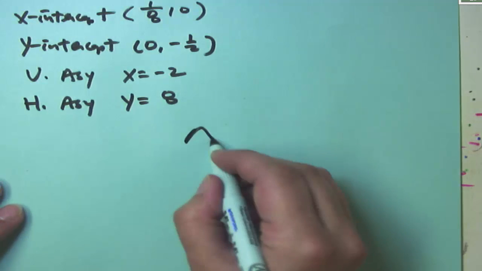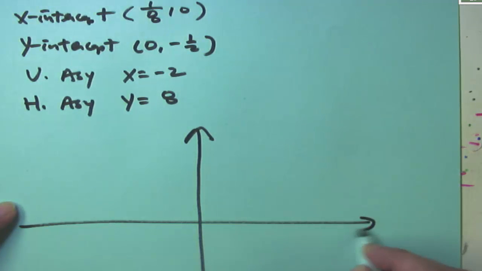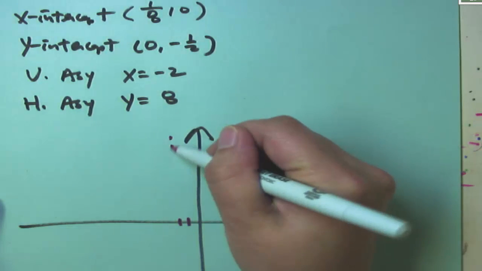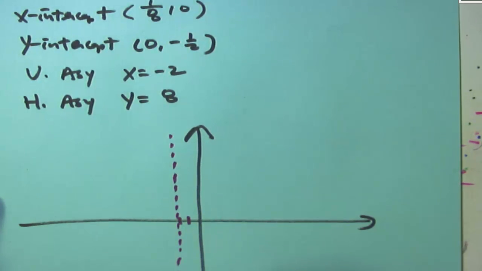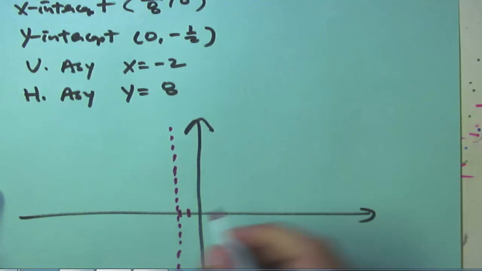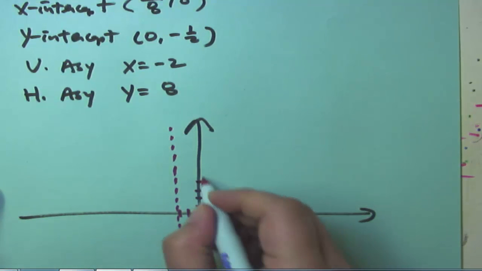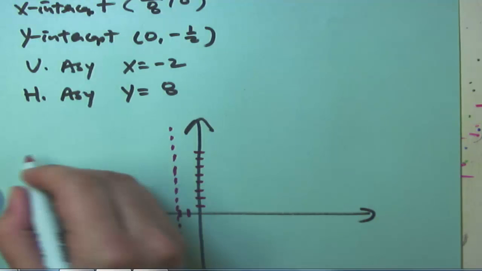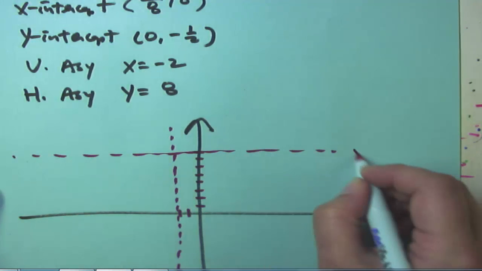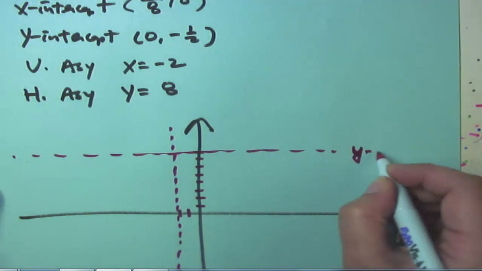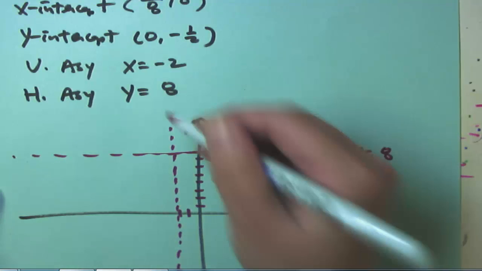So we're going to try to graph this with more space here. So vertical asymptote, x equal to -2, 2 pieces of graph, 1, 2, 3, 4, 5, 6, 7, 8. Horizontal asymptote, y equal to 8.